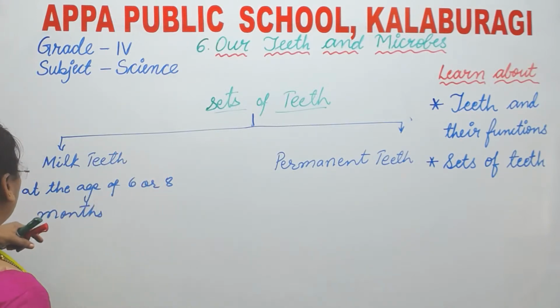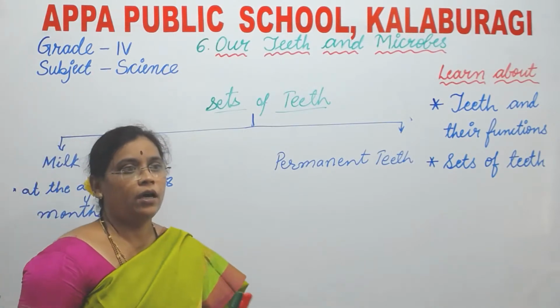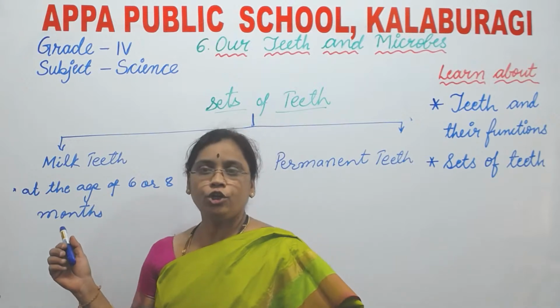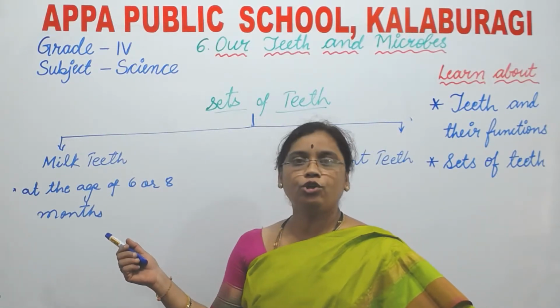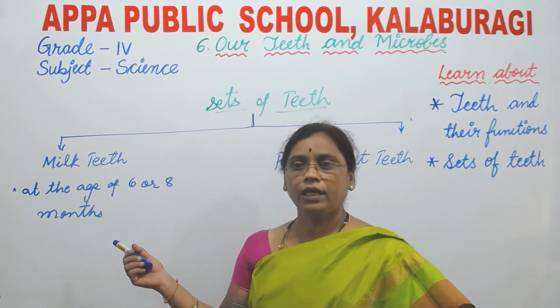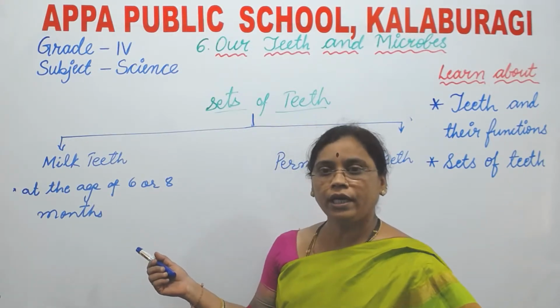After some days, as the baby grows, at the age of 2 years, for example, by the time the child is about 2 years, he or she may have 20 teeth. How many teeth? 20 teeth.